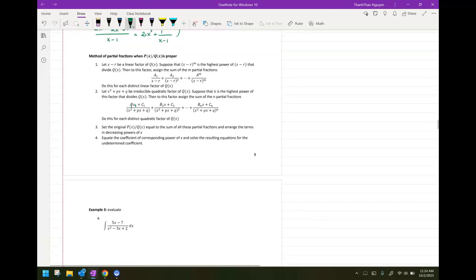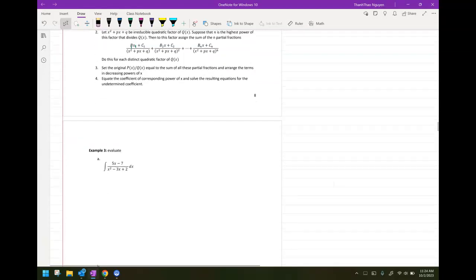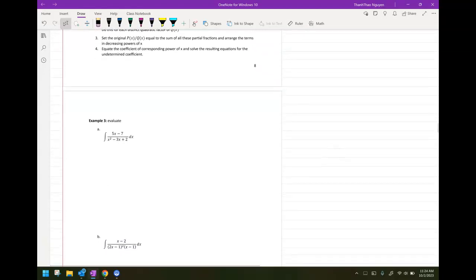Okay, and then we will use the least common denominator. We will do all the things that we should be doing to get the same denominator for adding and subtracting fractions, and then we'll do matching with the variables. So let's see how this actually works out. For example, in the next case, we have the integral of 5x minus 7 divided by x squared minus 3x plus 2.